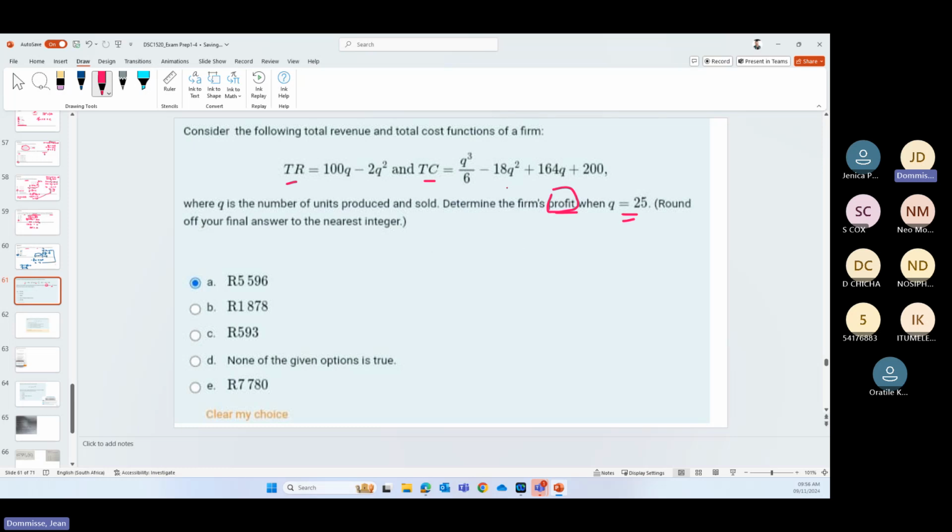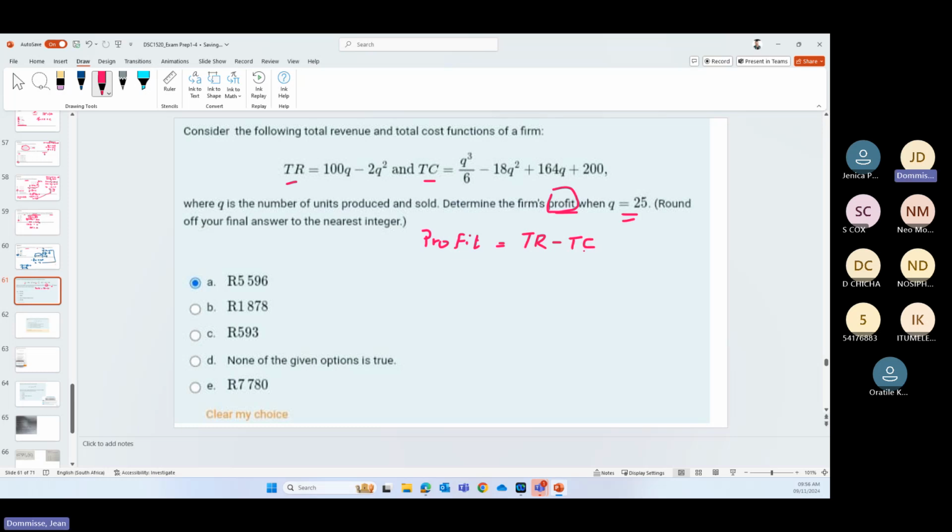Profit, and we've nearly done it in the break even as well. Profit is total revenue minus total cost.